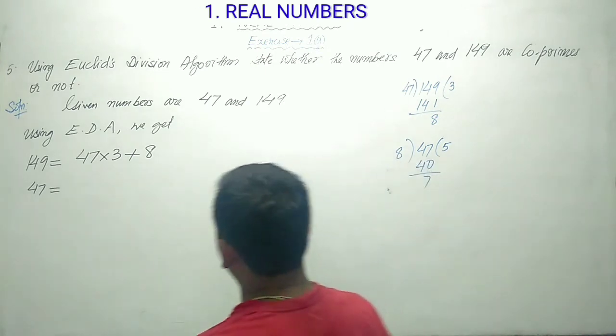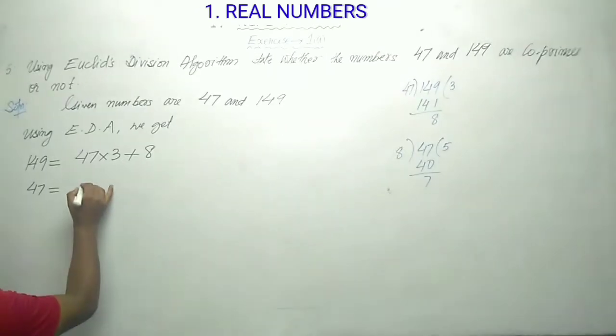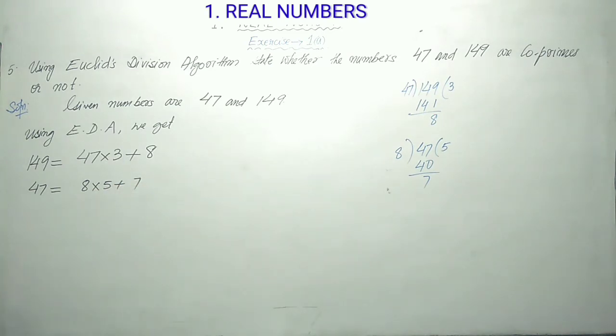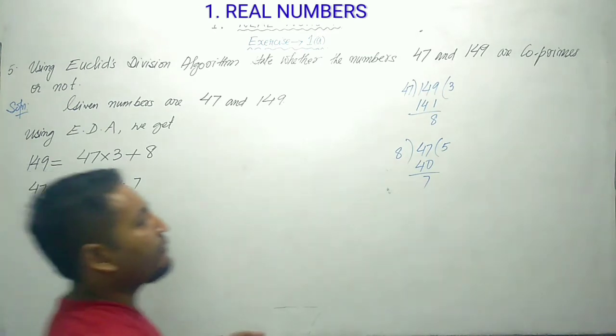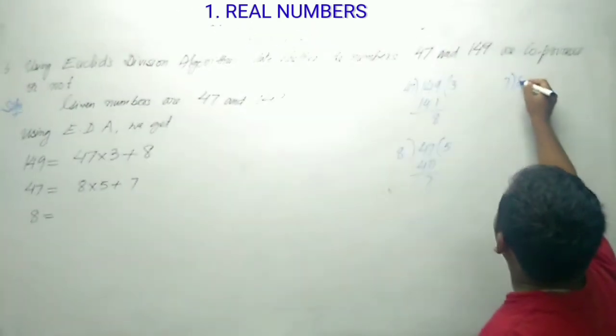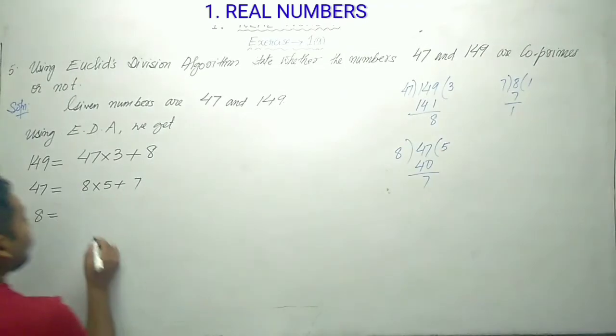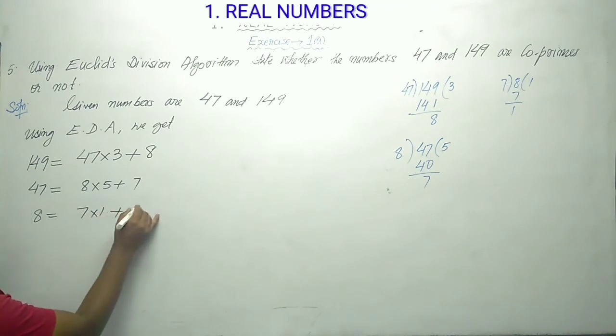You have 7. 8 into 5 plus 7. Still the remainder is not 0. Let us divide 8 by 7. 7 1s are 7. You have 7 into 1 plus 1.